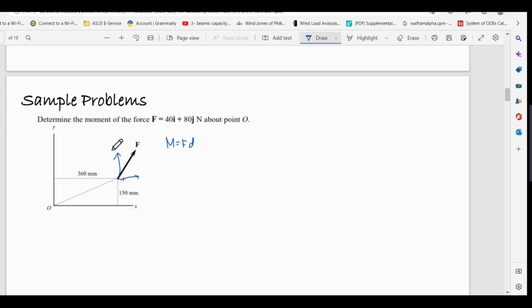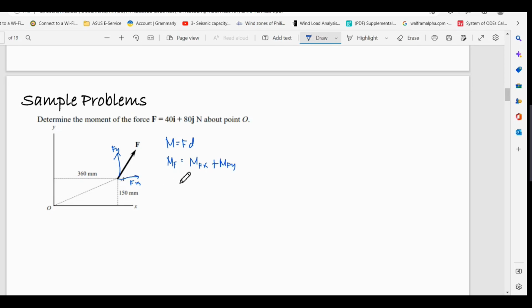So, we have, let's say this is Fy and we have the Fx. Okay. Sabi natin kanina, the moment of a certain force is equal to the moment of its resultant. Okay? Moment F is equal to the moment of its components, di ba?